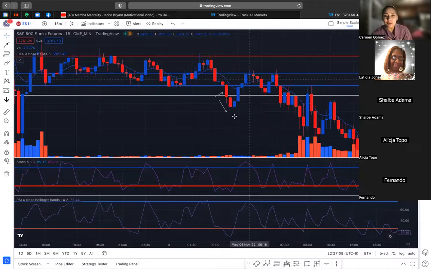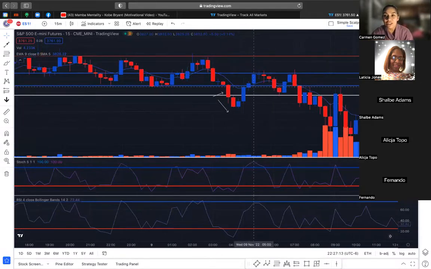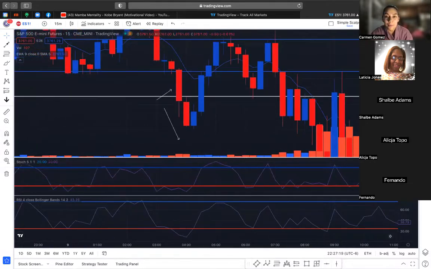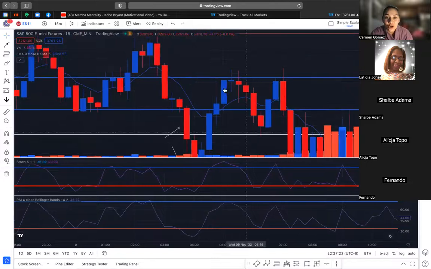So I see the market comes up. Okay, it hits. Now I see that there is no wick on this candle. I don't know if you guys can see that. Let me zoom in a little bit more. But there is no wick on this top candle. And if you look right next to it, this candle opened up and came all the way up here, but yet closed right at the opening of the previous candle.